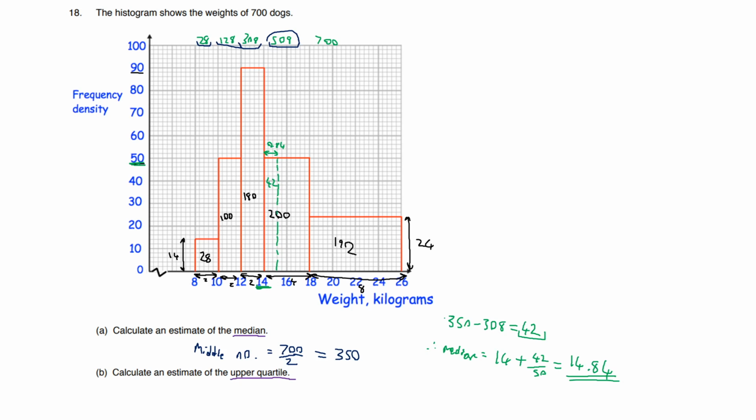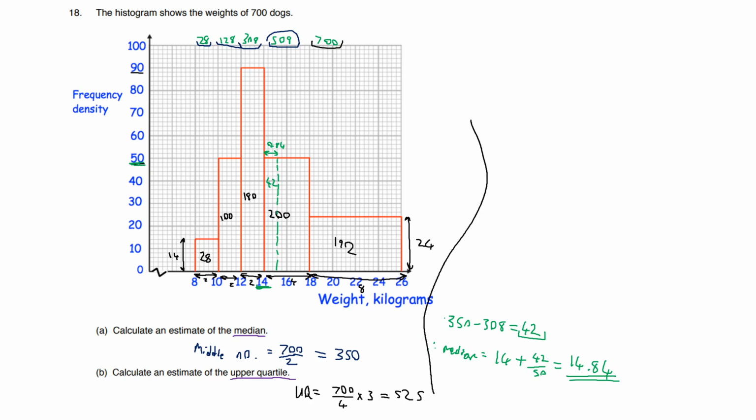First things first is, where is the upper quartile located? The upper quartile is just going to be 700 over 4 times 3, which is simply equal to 525, which is going to be in this bar, okay? What we can do is we're going to have to work it out as a percentage, and then we're going to add them up.